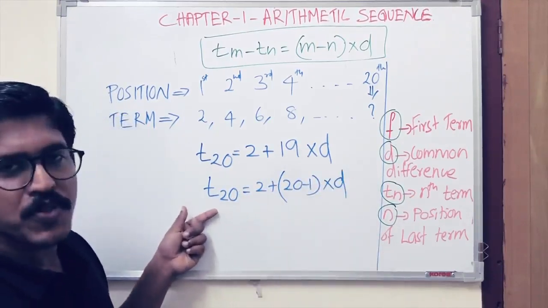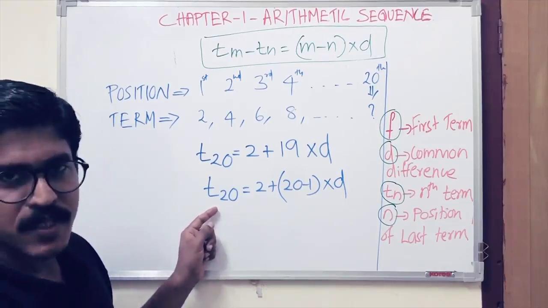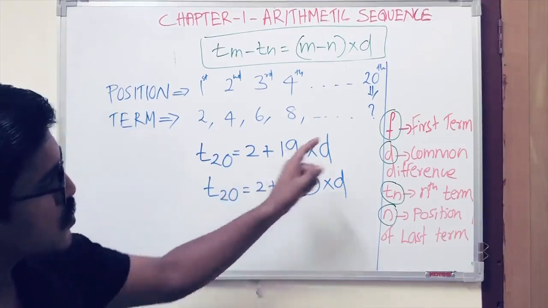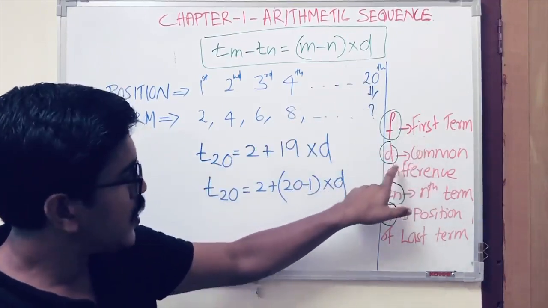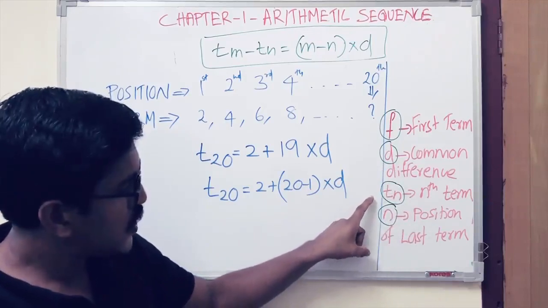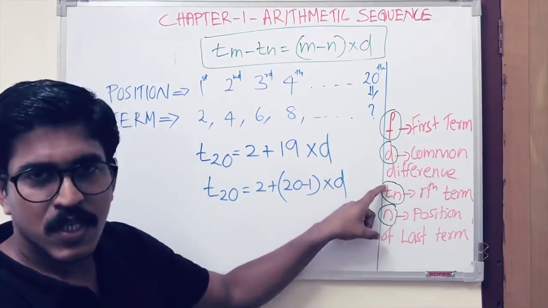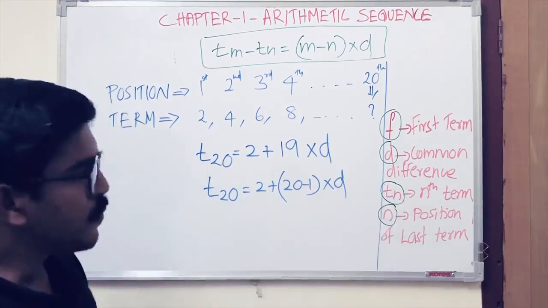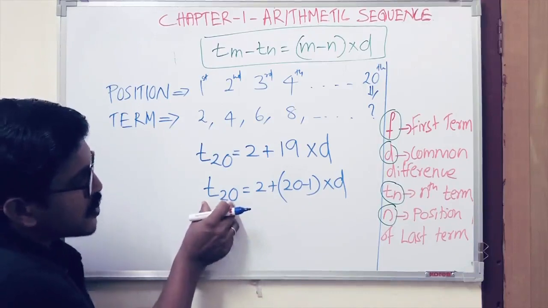From here, I am going to find the general equation for the nth term. Here I am considering f as the first term, d as the common difference, Tn as the nth term and n as the position of this nth term. Instead of T20 I am writing the nth term.